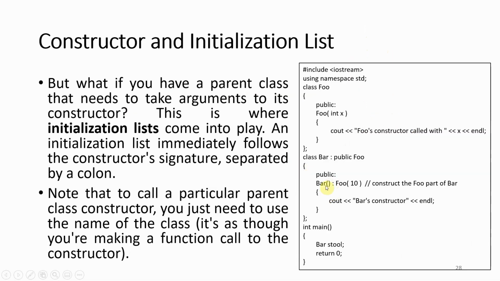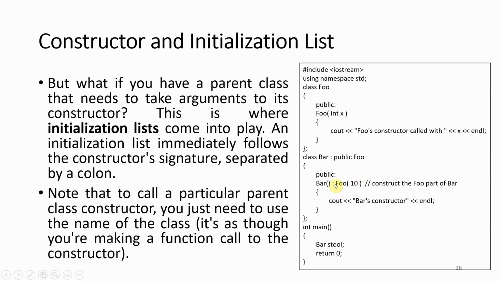But what if we want to call the non-default constructor of the base class? We can do that in the initialization list of the constructor. If you remember when we talked about constructors, we said that we can have an initialization list. So we can initialize variables, or we can call the constructor of the parent class in the initialization list.